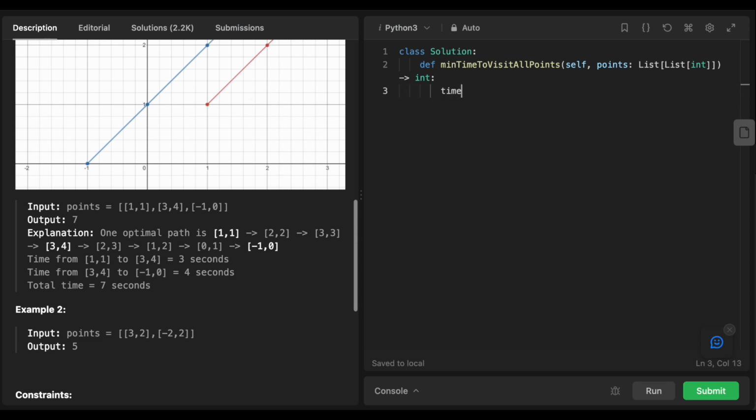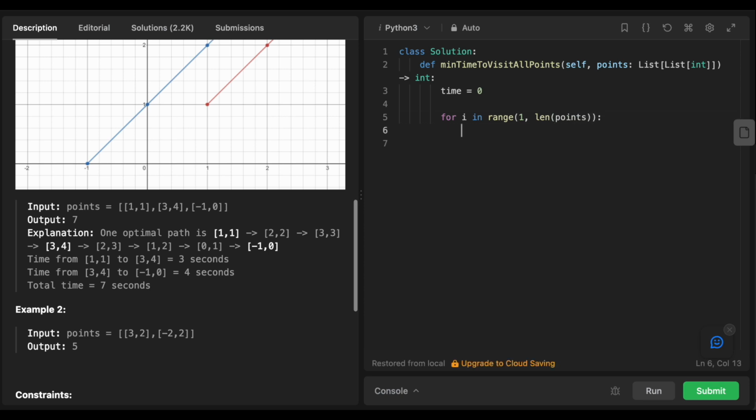So each movement equals 1 time, or second. We start at 0, and we want to traverse every set of points. So let's say for i in range, we want to compare 2 at a time, and we want to compare all of it.